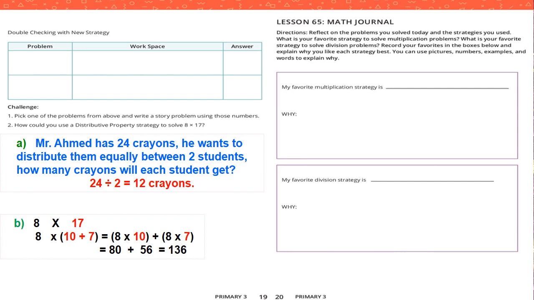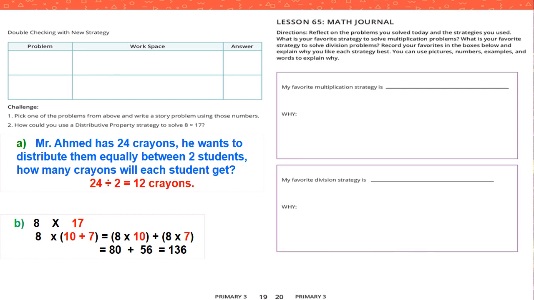In question B, how could you use the distributive property strategy to solve 8 times 17? Sure, we didn't study 8 times 17 in any table, okay? Because 17 is a big number. So I will distribute this 17.